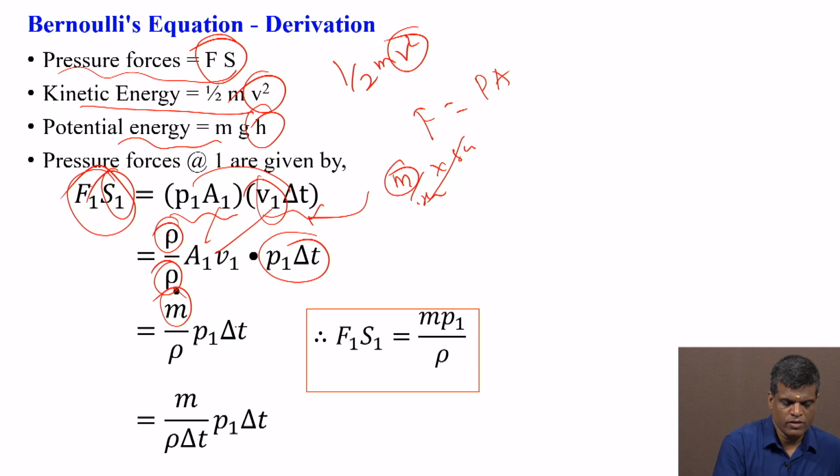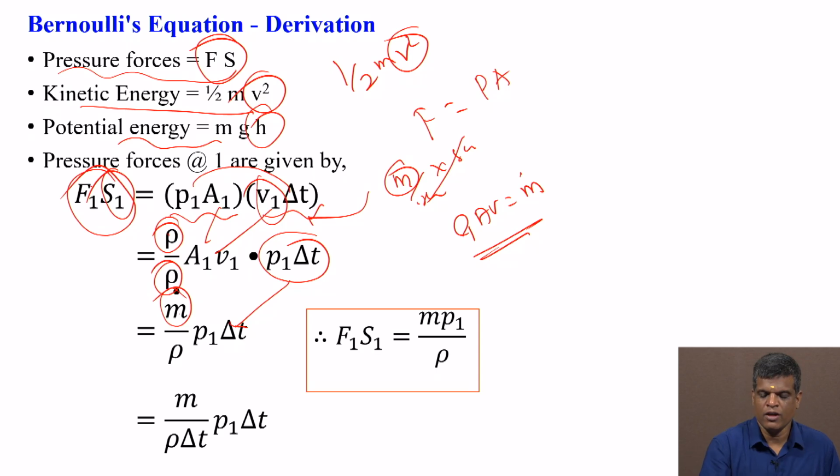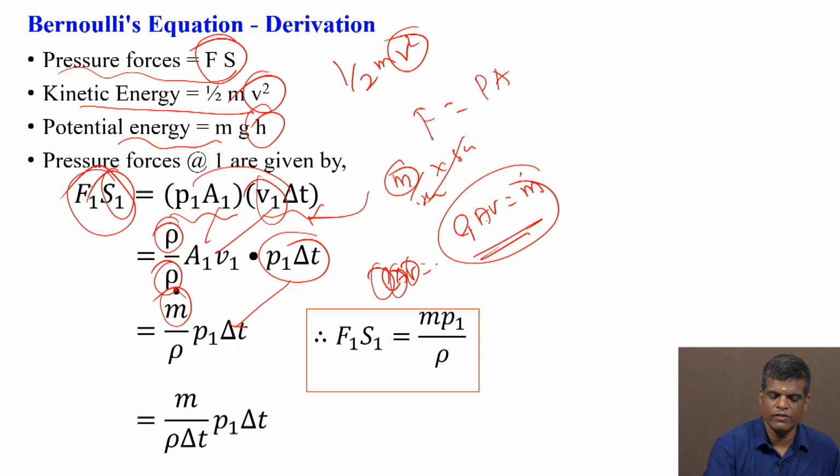This is the continuity equation, which I think you already discussed: mass flow rate m dot equals rho A V, density, area, velocity.